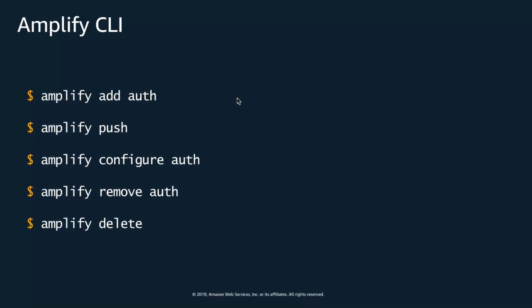When you need to make changes, you can run Amplify configure and the name of the service. And when you're ready to remove any feature that you already have enabled, you can just run Amplify remove and the name of the feature. And then finally, if you want to delete an entire project, Amplify delete will delete the entire project, not only locally, but it will also delete all of the backend services as well.